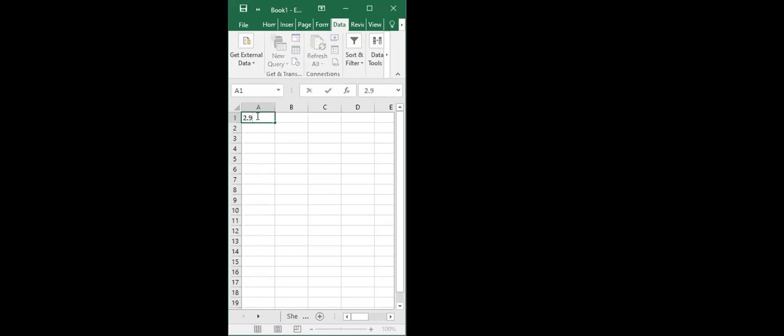Yes. Okay, let's put the dependent variable: 2.9, 2.4, 2, 2.3, 3.2, 1.9. So these are the dependent variables. Sometimes it's good to start with Y, but if you remember, you will know that the first column is the dependent variable. Now we enter the independent variables.